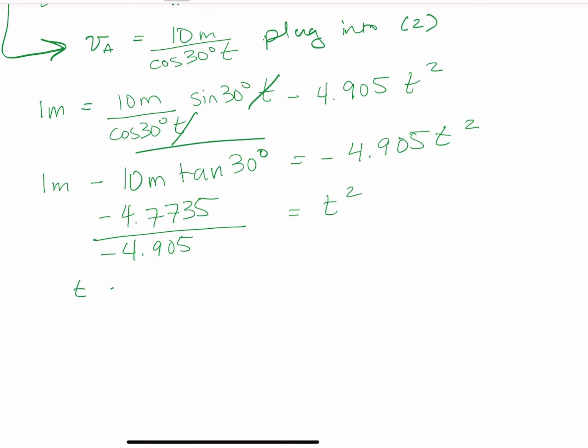So time equals the square root of that 4.7735 divided by 4.905. So that gives us 0.9865 seconds.